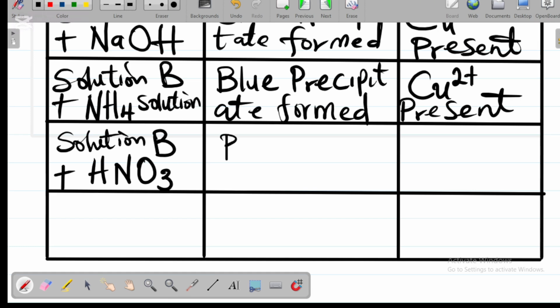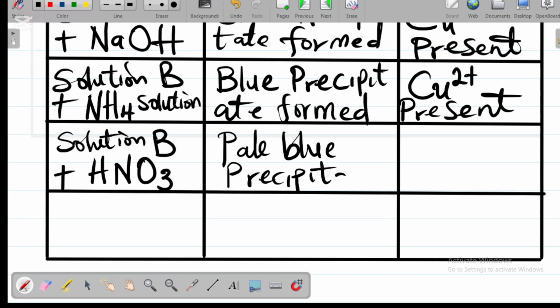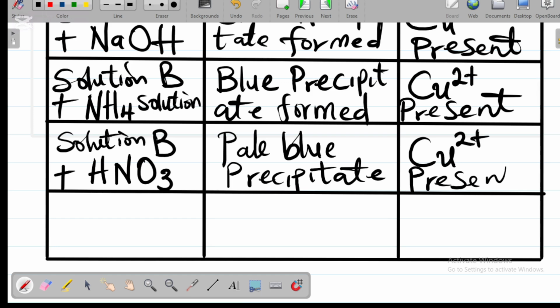Your observation should be blue precipitate, or the observation should be pale blue precipitate. And then your inference should be copper 2 ion present.